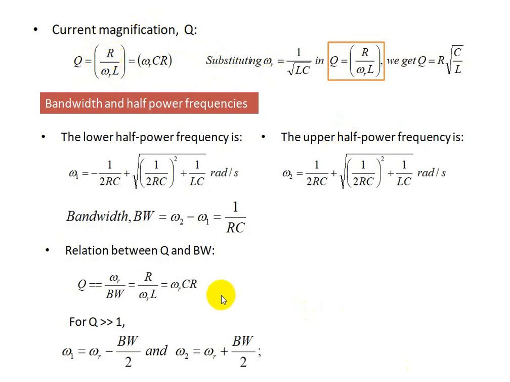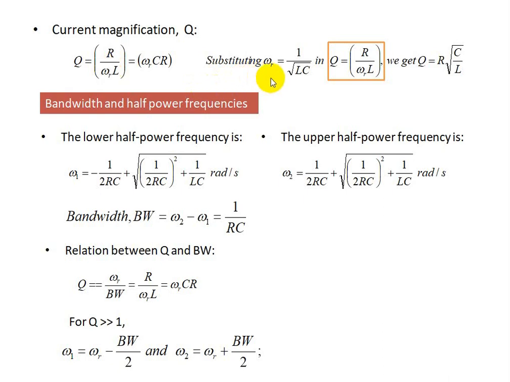So current magnification Q, it's also called Q factor. It is given by R by omega R L, which also will be equal to omega R C into R. If you compare this with the Q factor of the series RLC circuit, it is just the inverse of that.